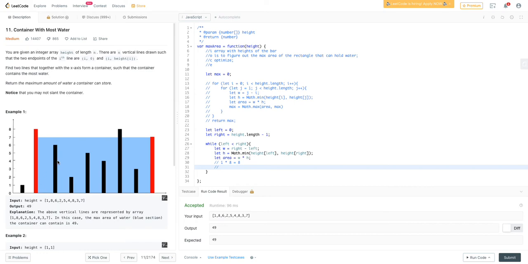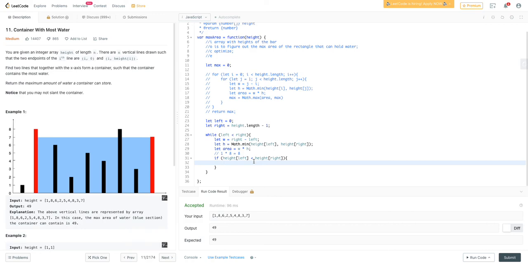So if we keep doing that, then we would at the end find the max area, right? So what we would say is, if height left is smaller than height right, then what we would do is increment the left side.